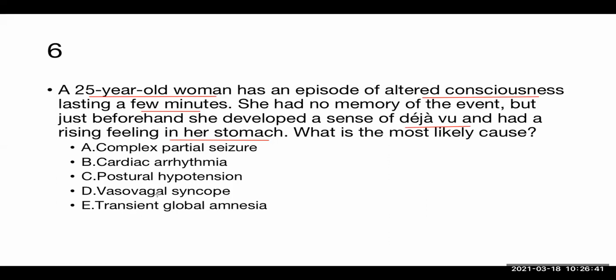Patient knows beforehand itself that something bad is going to happen. Maybe, I'm going to seize in a few minutes or a few seconds. That is called aura. And deja vu is a typical feature which is associated with temporal lobe epilepsy. And temporal lobe epilepsy is the commonest cause of complex partial seizure.